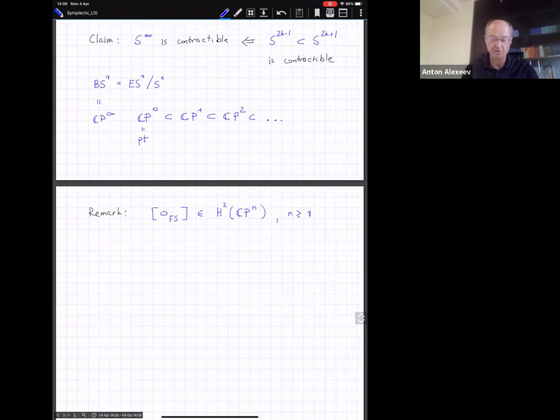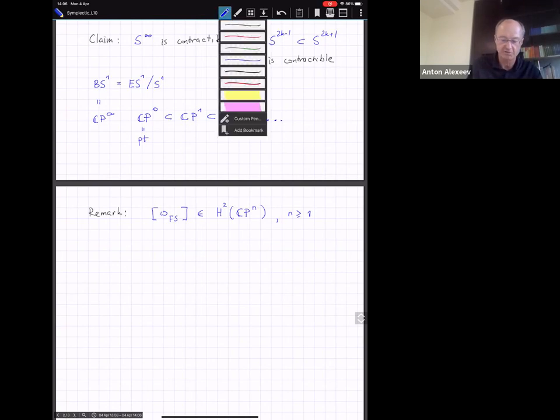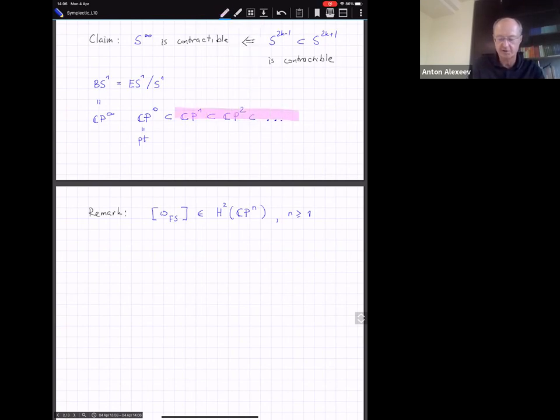And it turns out that those embeddings, CP1 into CP2 and so on, respect this generator. So the cohomology of each of those CPn's has that generator, omega_FS, and if you pull back along the natural maps, those generators will all agree.